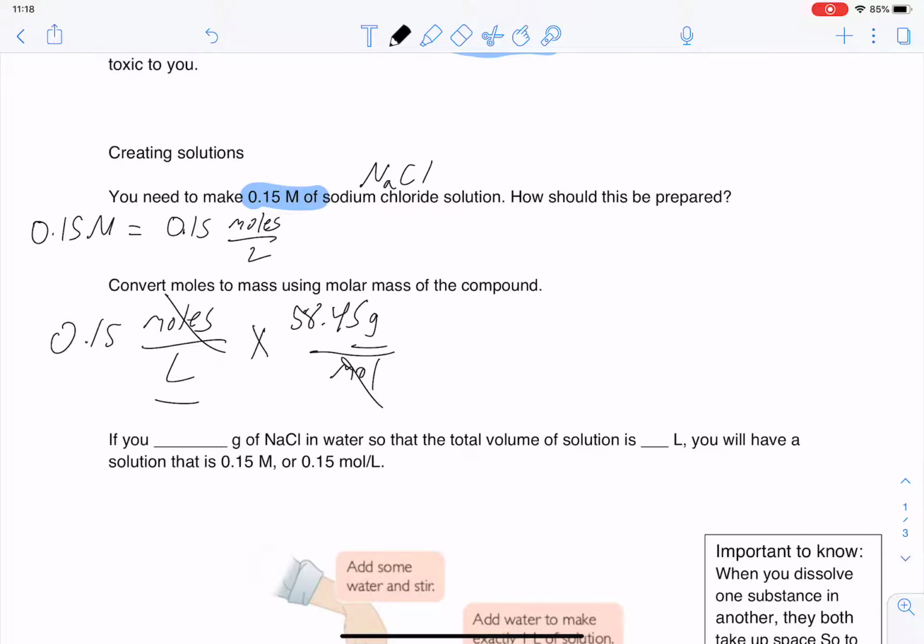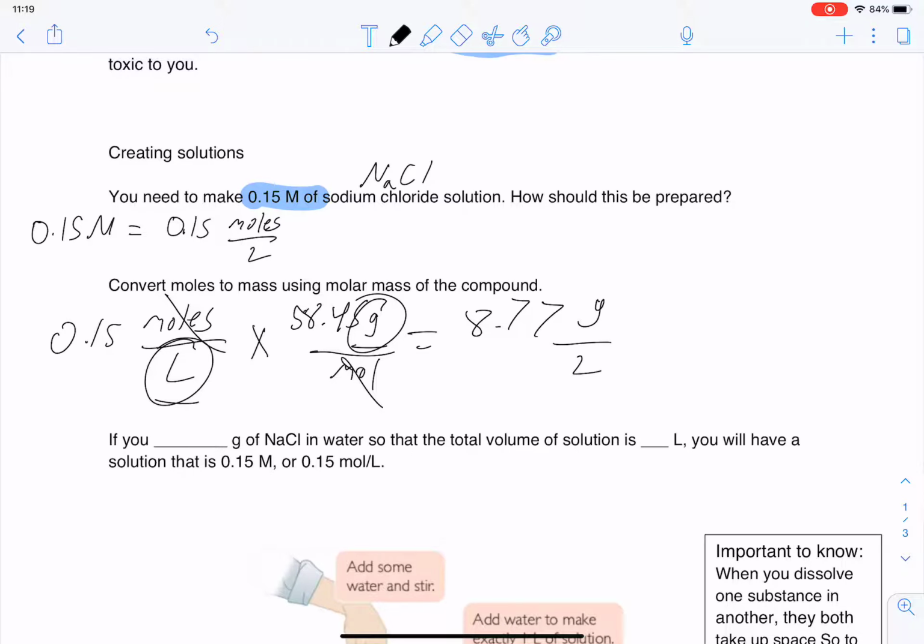So we take 58.45 and times it by 0.15, and we get 8.767. We'll round that to 8.77. And again, the units are grams over liters.